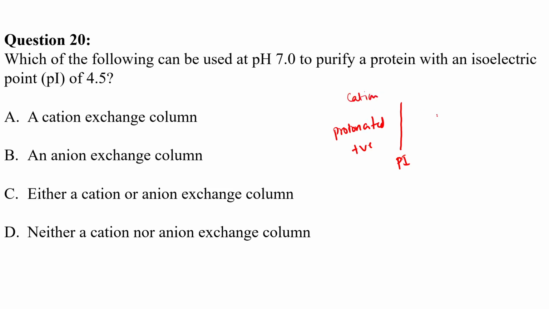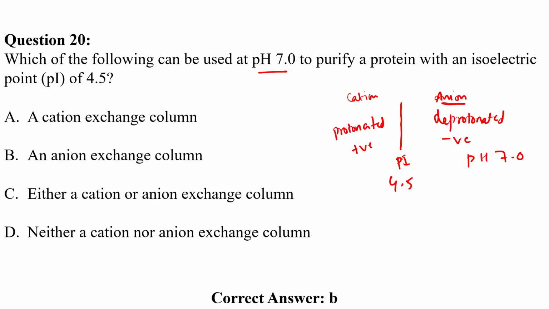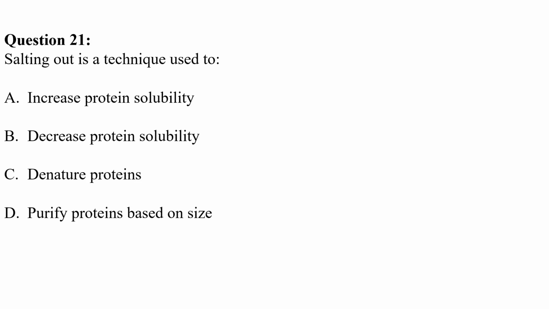At pH higher than the pI, everything is deprotonated, protons are gone, that means it has negative charge, and that means our choice should be anion exchange. Here the pI is 4.5 and the pH is 7, so we'll use anion exchange chromatography. We'll use an anion exchange column. Okay, so option B is the correct answer.